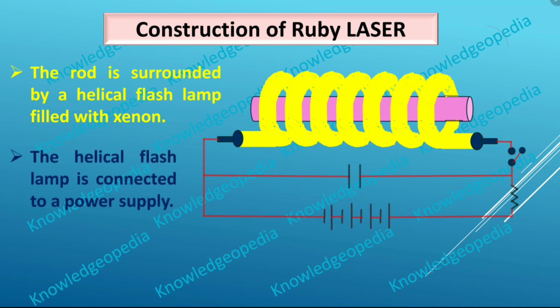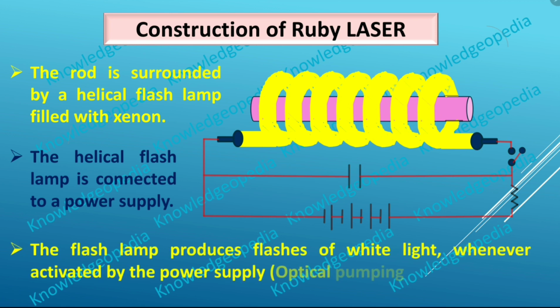This is the power supply and this is the key over here through which we can switch the laser on and off. So whenever we switch on this key, power will be supplied to the helical flash lamp and white light is produced.